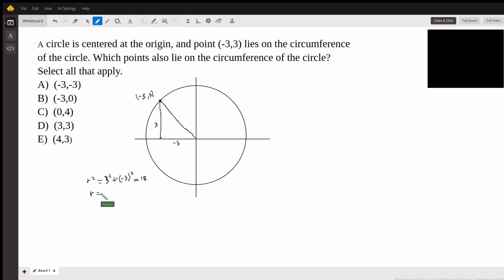So r is the square root of 18. That's 9 times 2, so that's going to be 3 root 2.